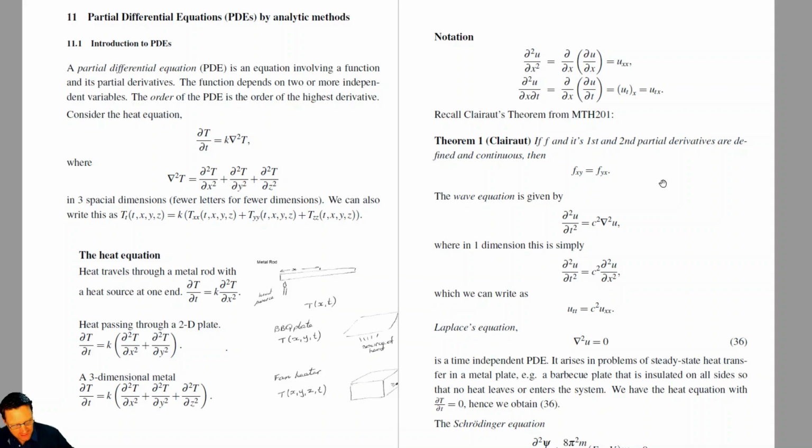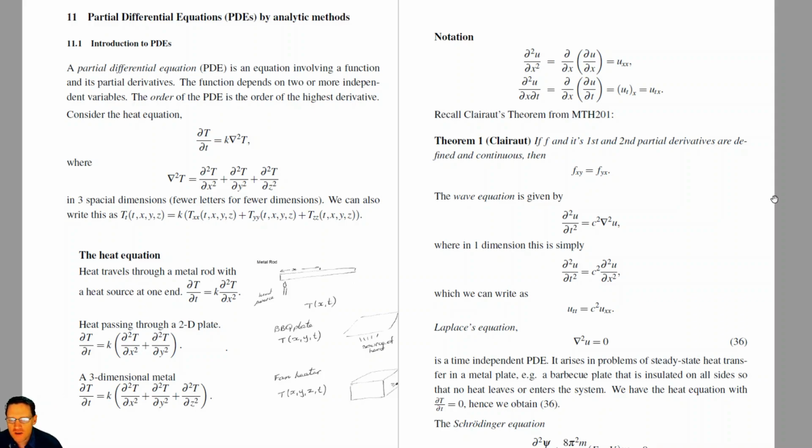All right, so let's have a look at another PDE now, another famous PDE. The wave equation. This describes how waves move in a medium with respect to time. So if u is the, say, amplitude of the wave, then the second partial derivative of u with respect to t is the square of the wave speed, c, times nabla squared of u.